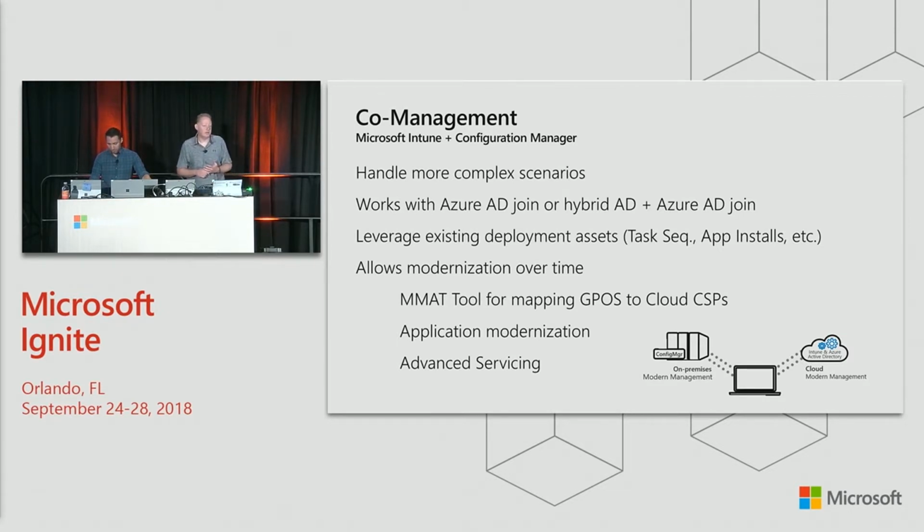The idea when you think of modern management is I have a left to right. On the left-hand side, I have traditional. On the right-hand side, I have fully cloud-based and modern. And as I slide machines across that paradigm, I want to try to get as far out as I can. So if you can bring a device in, Azure AD join it, manage it with Intune, install the SCCM client for those last mile things that you can't do any other way, but not actually domain join that machine, you've taken a slightly higher posture by reducing your attack surface by not having that thing on your domain.